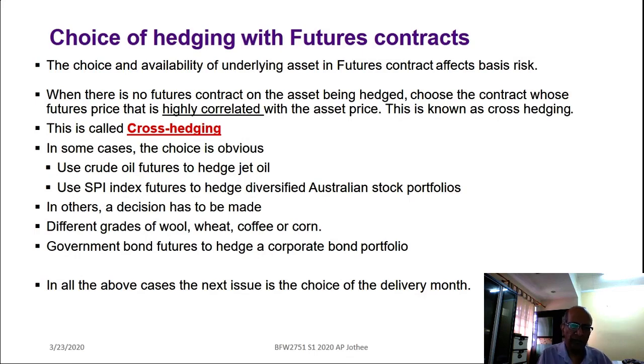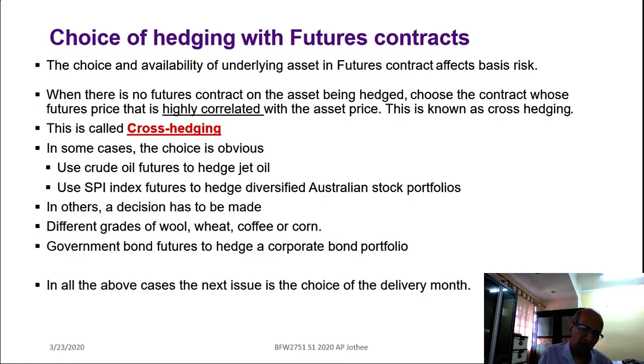Different grades of wool, wheat, coffee, or corn. Grades again. Within the asset itself, there are several grades. Whether you can get the futures for the exact grade or not, we don't know. So you have to use something close by to that. How do you say it is close by? It is highly correlated. Government bond futures to hedge corporate bond portfolios, for example.